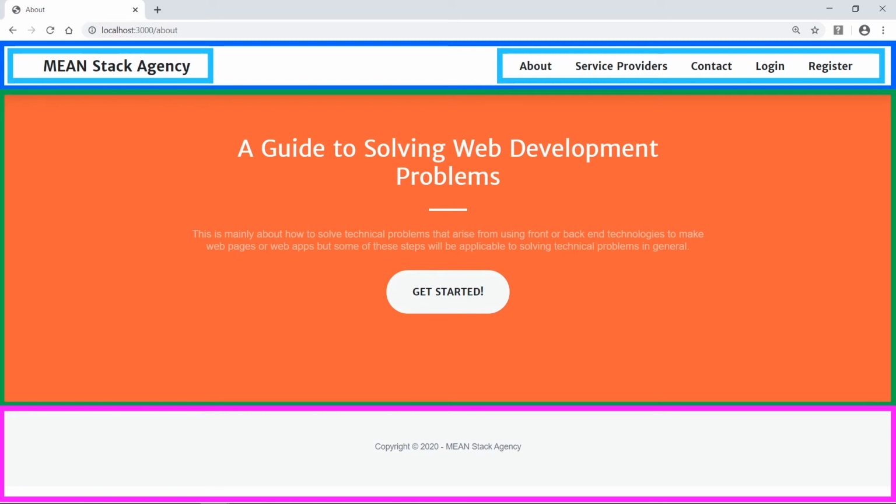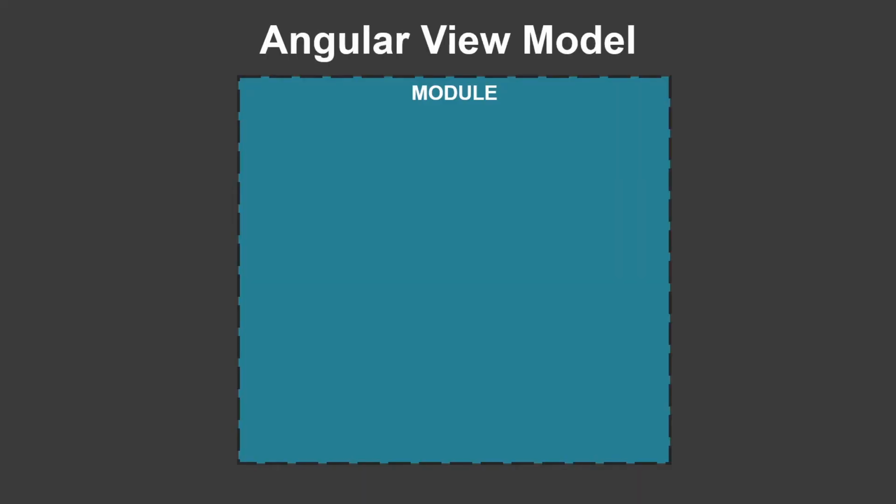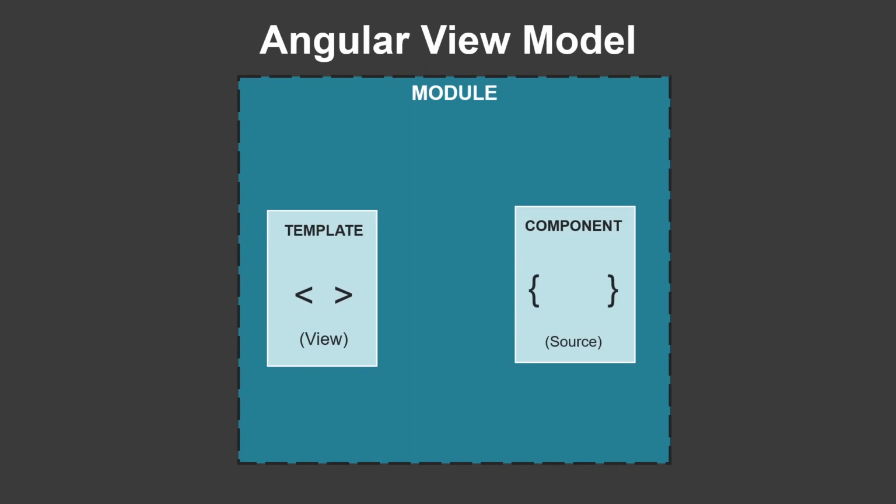Now, each of these components you see here is considered a view. It's called an Angular view. And so let's take a look at what the Angular view model looks like. So here we have a module, either a child module or the root module, that has the component, right? We saw the diagram earlier. So the component has two things, a component and a template.